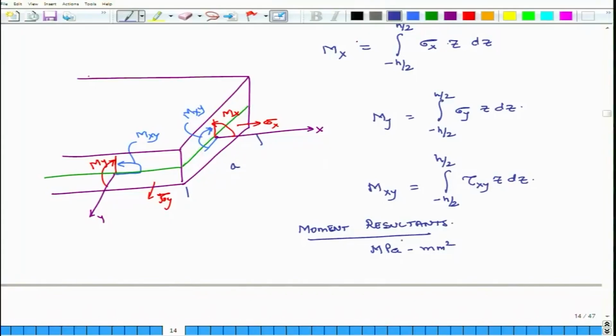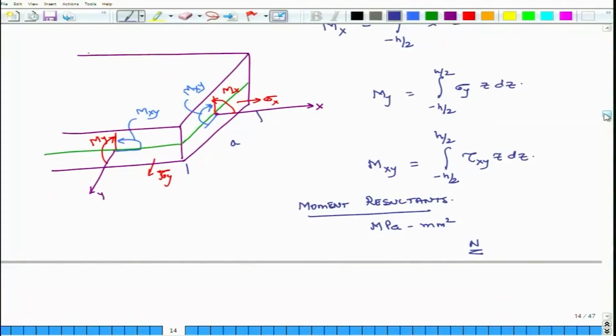Or if you are not integrating in millimeters and just use meters, then it will basically be newtons. I like the Newton unit better because it is mathematically more consistent, but a lot of times people also use these mixed terms, MPa times millimeter square. So, you should be aware of that.